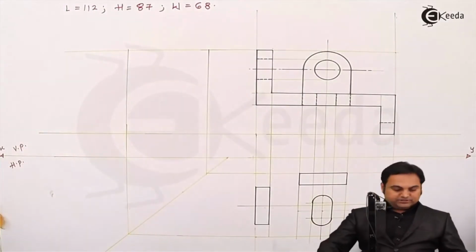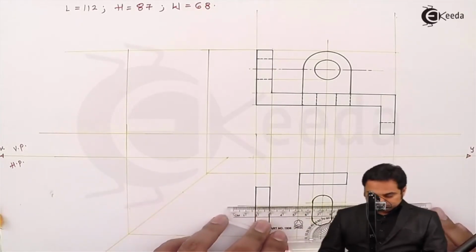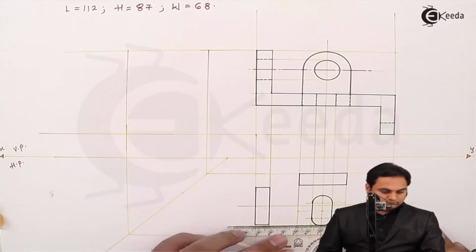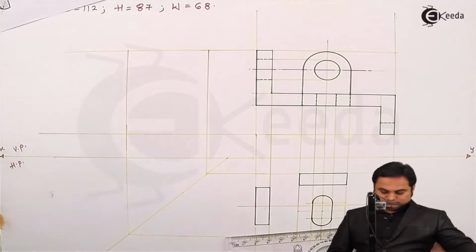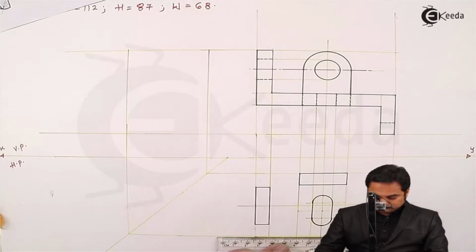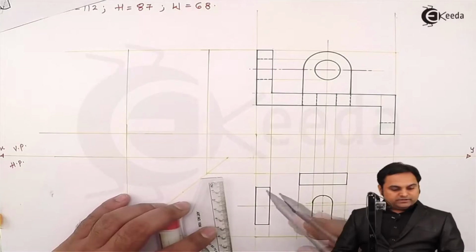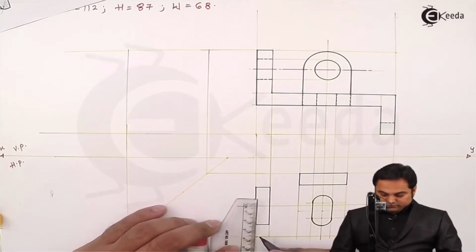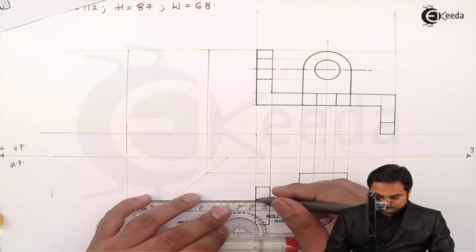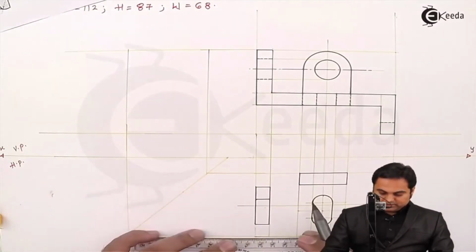So I will just project that semicircle ahead. Here this portion has a width of 40 mm. So 40 is measured actually from here. So this much part is dark.